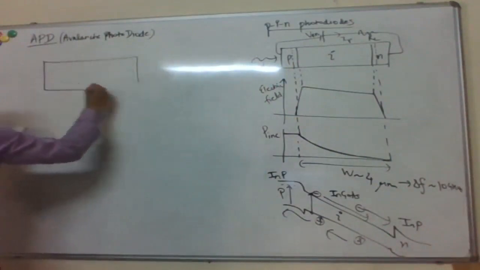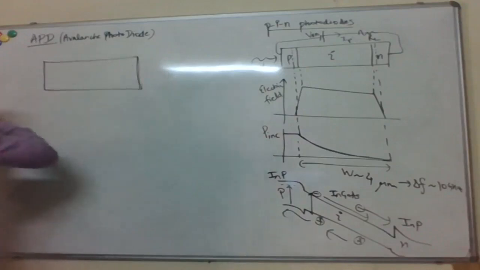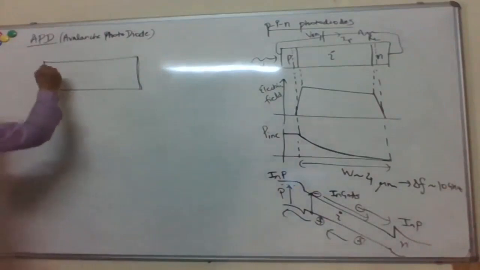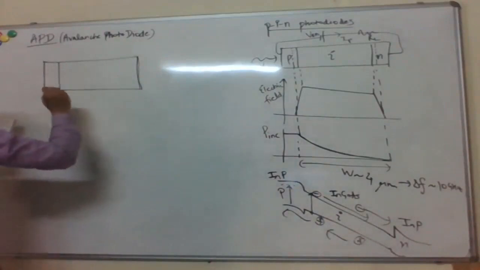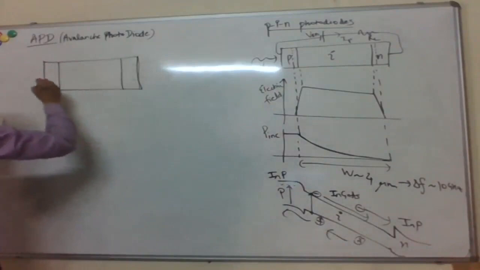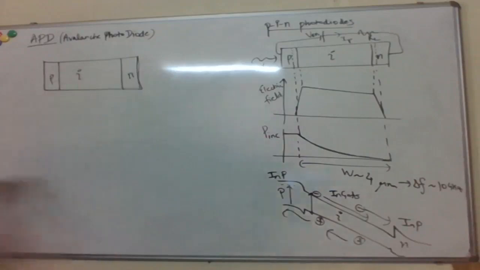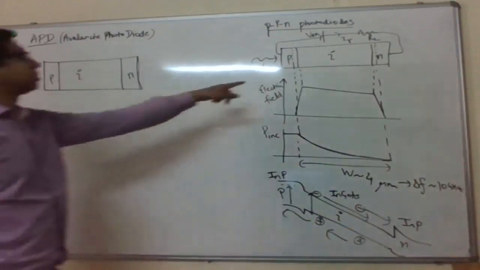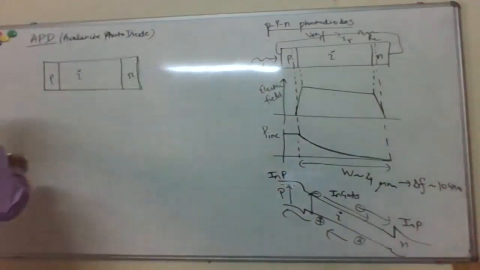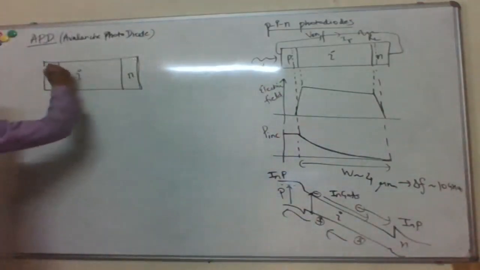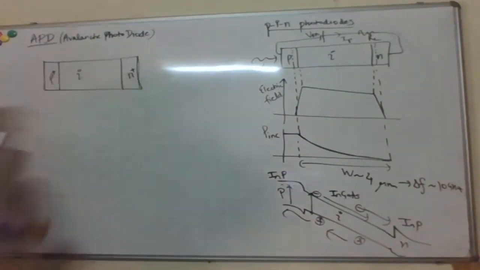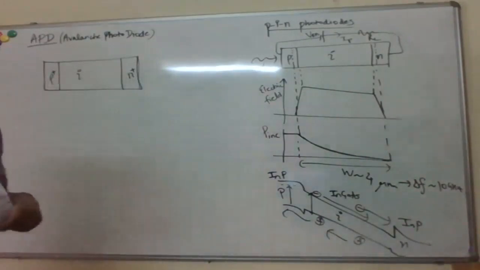So what is done is that we put what is known as an avalanche layer. So you have the usual, so let's say this is the intrinsic region, P, I, N. Okay, so we start from the same kind of structure here, but the change that you do is, first of all, you increase the doping in the P and N regions quite a bit, let's say by an order of magnitude or 2.